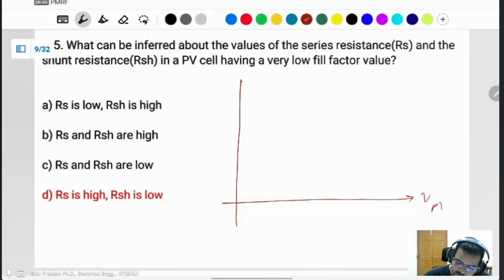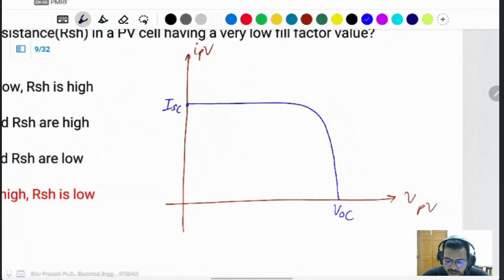Now this will be the PV current-voltage characteristic, with VOC and ISC. In ideal cases, this will be VOC, this will be ISC. Then this point is VOC into ISC.